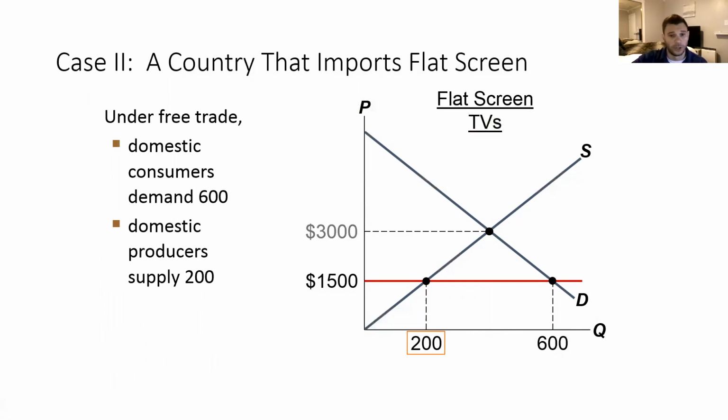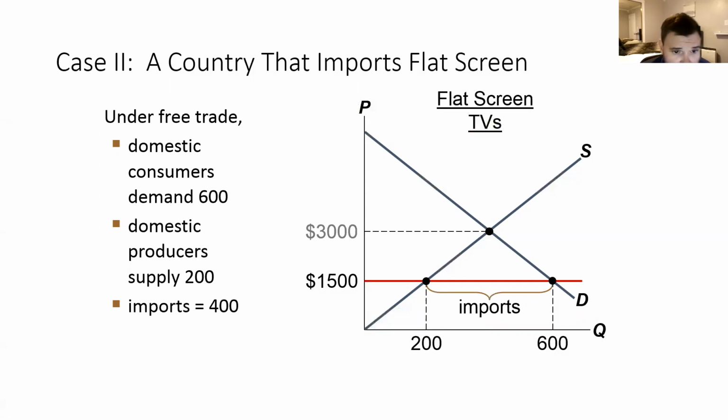Normally, again, this situation would be characterized as a shortage in our perfectly competitive framework. And there would be upward pressure on that price as the buyers try to outbid each other. However, in this model, that does not happen because there is no shortage. The buyers get the remaining 400 units by importing them at that lower world price of 1,500.